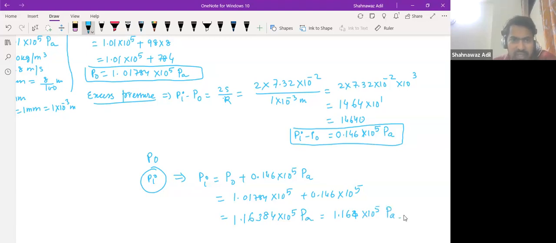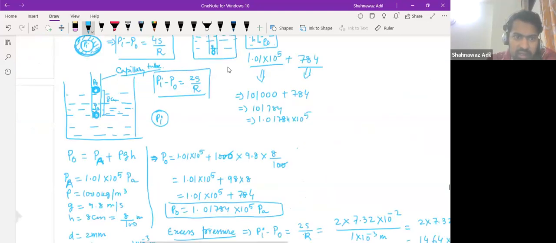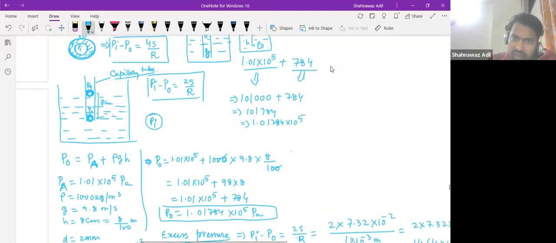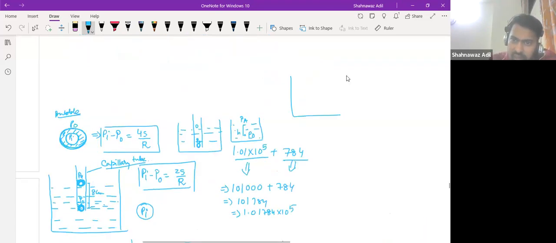So did you guys understand this question? We had this bubble, right? We had this bubble which we wanted to push inside this deep water, right? So we had this bubble, and this had only two layers.